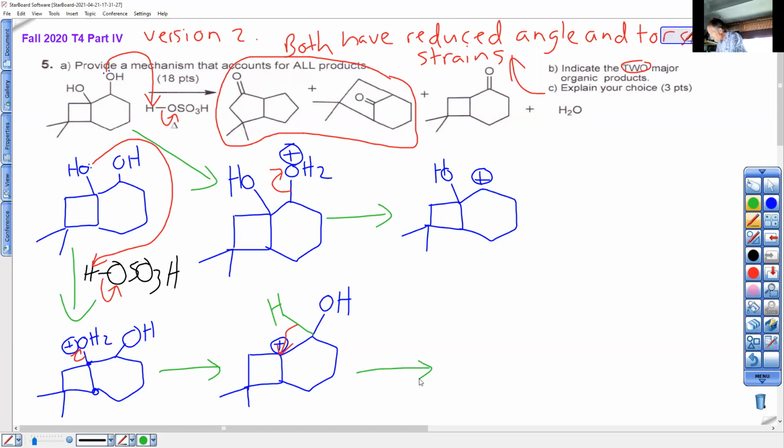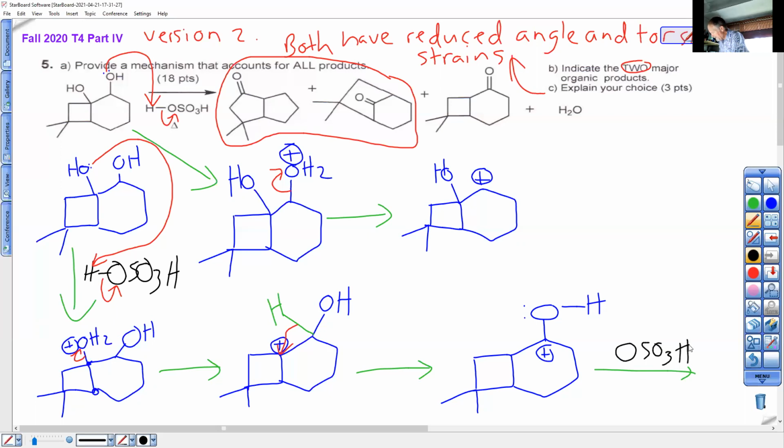And now you've got a super carbocation, because it can resonate with O. And you're going to use OSO3H anion to protonate and resonate to make product 3.